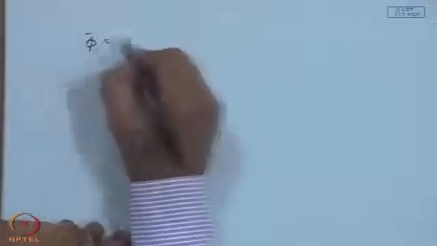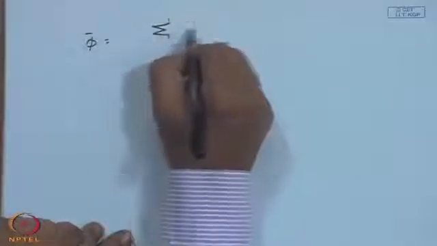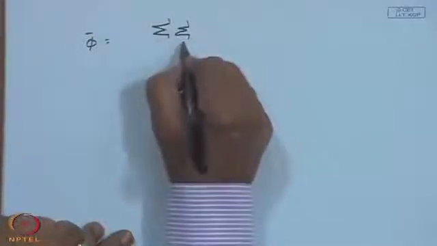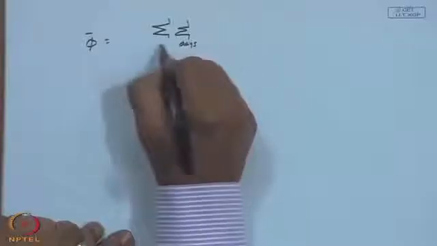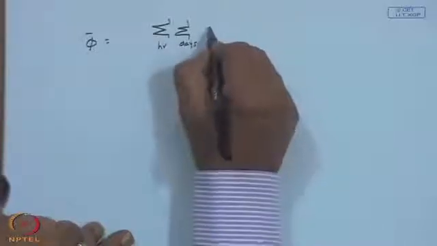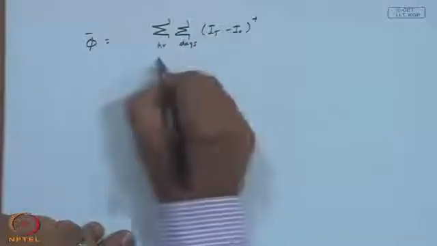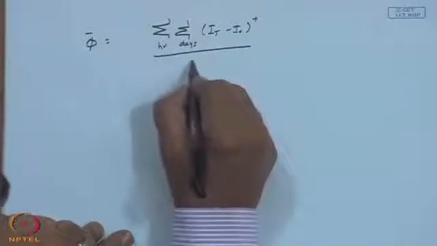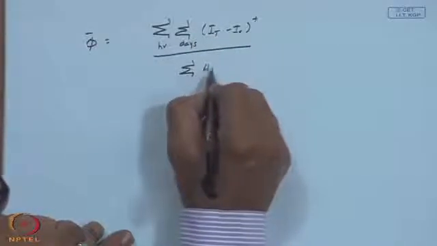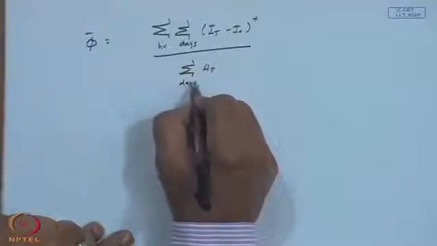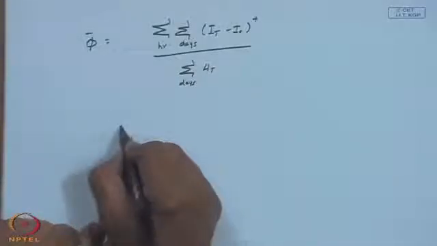So, the same phi bar can be rewritten as the sum over the days and the hours of I t minus I c plus by sigma H t of the days.